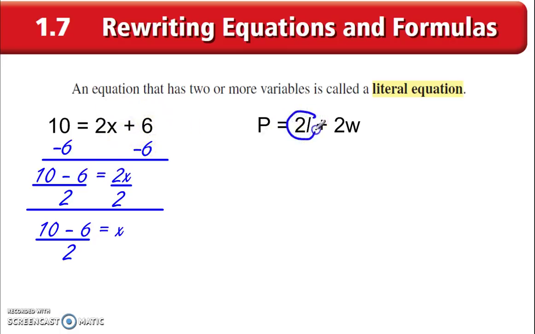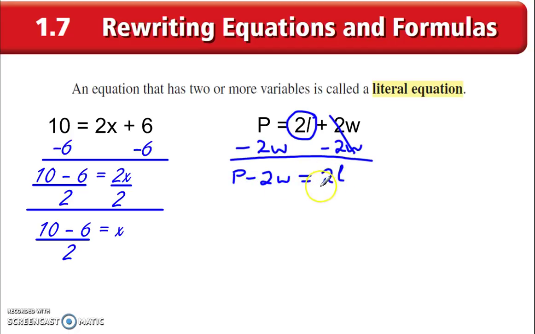This is what I'm solving for, so I subtract what's outside of that circle, subtract 2w from each side. That cancels out the 2w on this side. I can't subtract these because they're unlike terms, so I'm just going to have P minus 2w equals 2L.